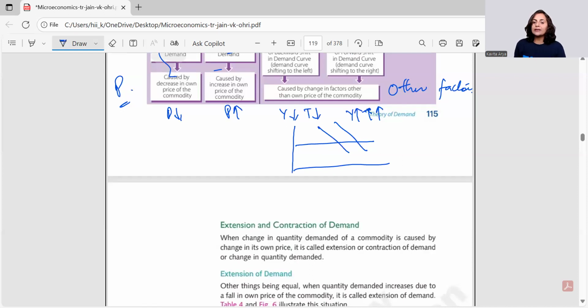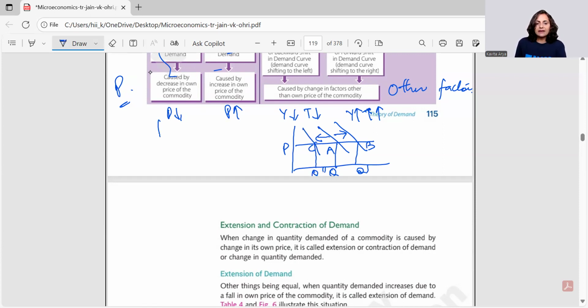If we are to show it increase, I'll show it this way, means rightward shift. The points of reference would be A and B, and the quantities would be Q and Q dash. Price remains the same. But had it been the decrease, I would have shown it this side, and this is the point of reference and this is the quantity.